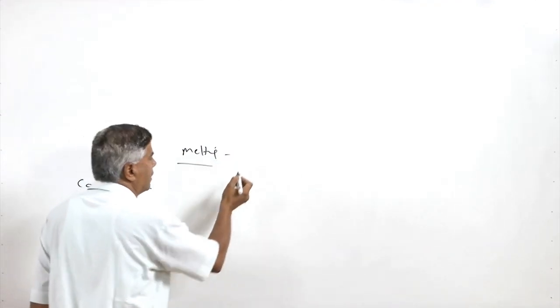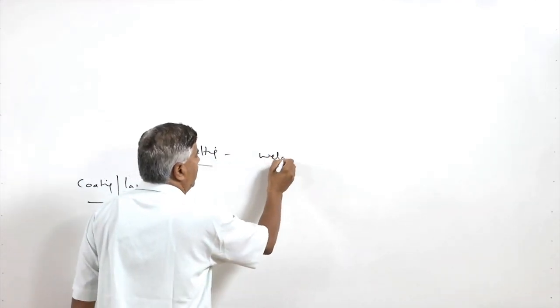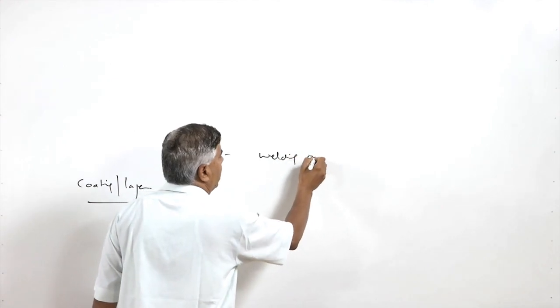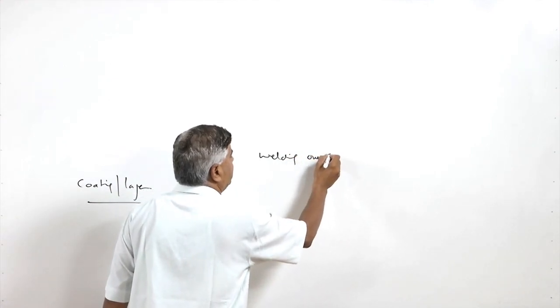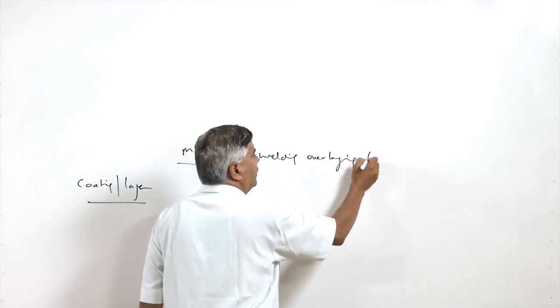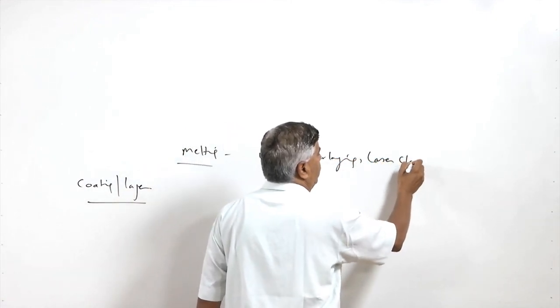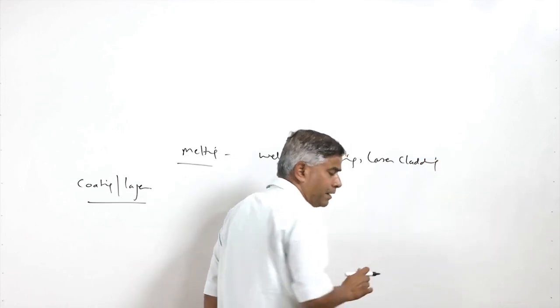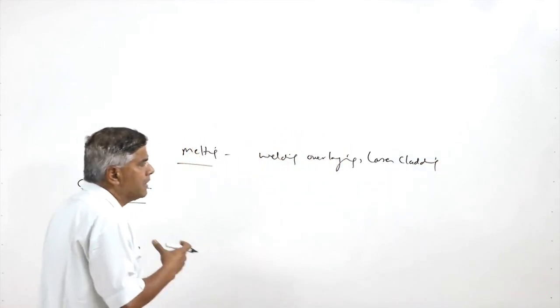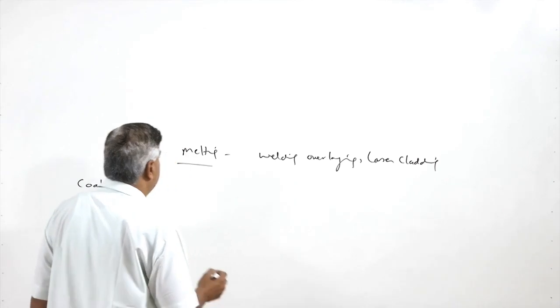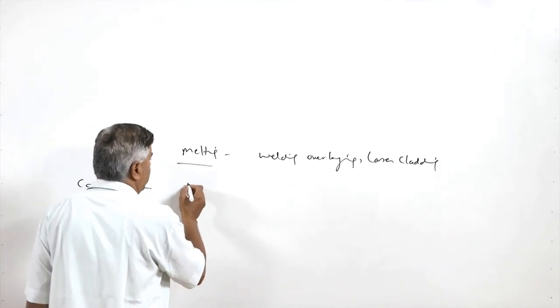Melting based methods are where weld surfacing or weld overlaying is carried out, or laser cladding also forms in this category, where the heat energy of the laser is used for developing a cladding or a layer.